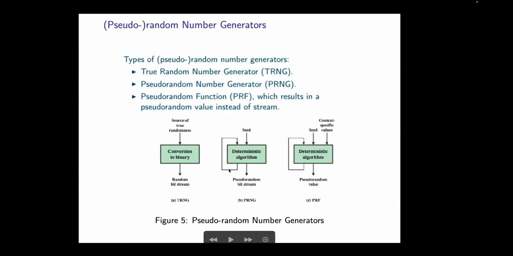So the properties of the stream-based one and the one which creates the value are slightly different, and this one differs by the extra context that it has. It generates a bit at a time, but you're not really interested in the bit. You're interested in the combination of bits.